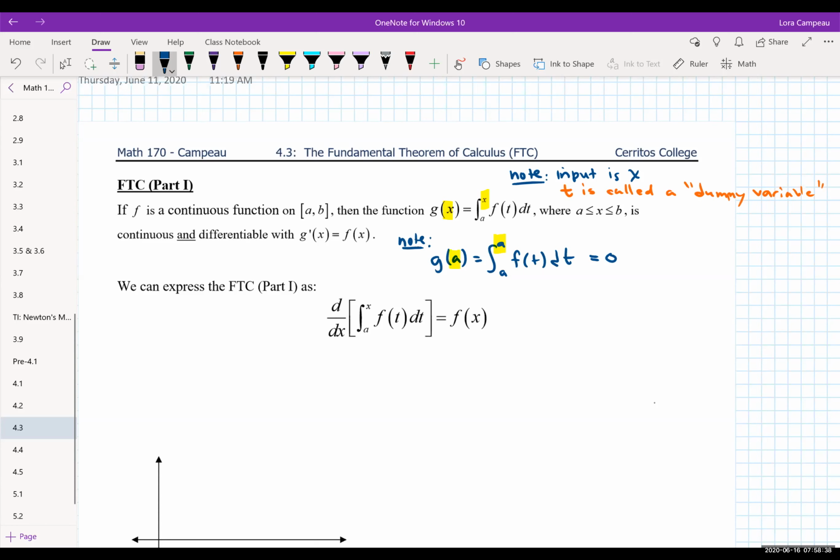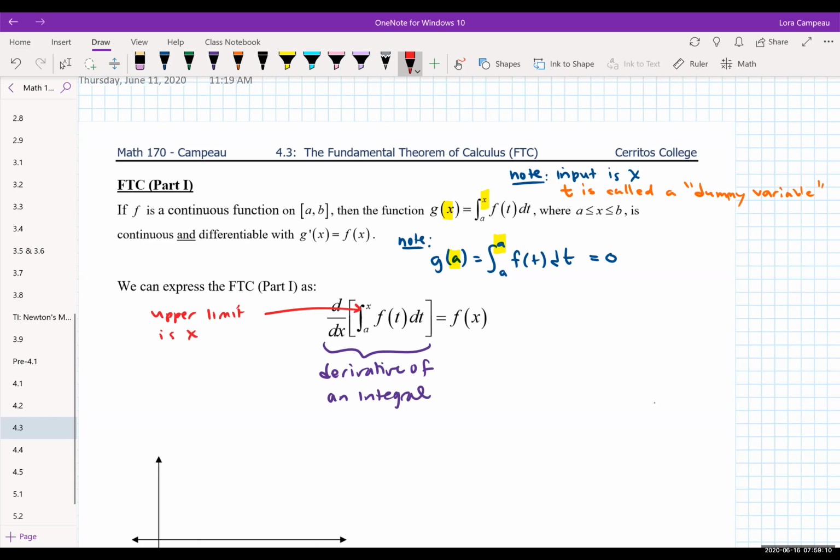But as you're taking the derivative of an integral, I would like to point out that the upper limit of integration is x.